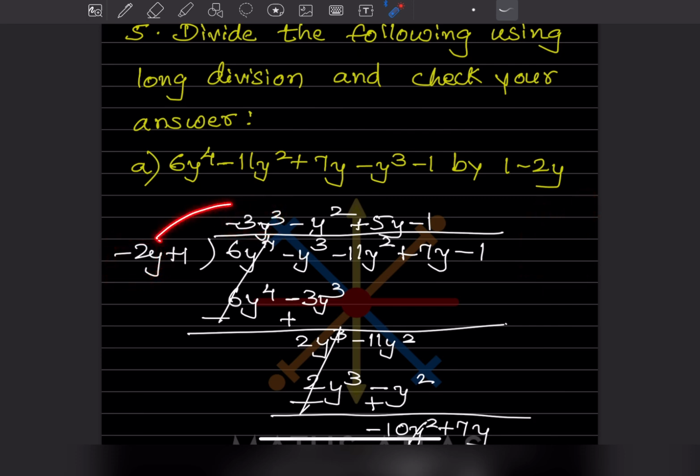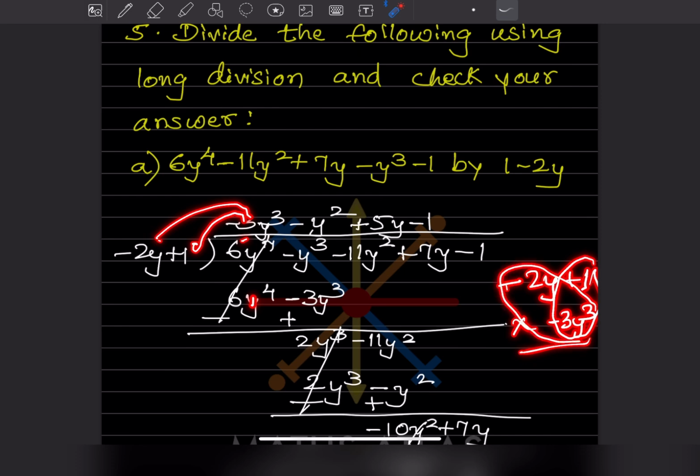Now see here, when you multiply, you get the same 6y4. And the same thing, you multiply the second term also with this one. So that is, or we can write it separately, minus 2y plus 1 into minus 3y3. You multiply this and this, and this and this one. After multiplying, you get 6y4 and this will be minus 3y3.